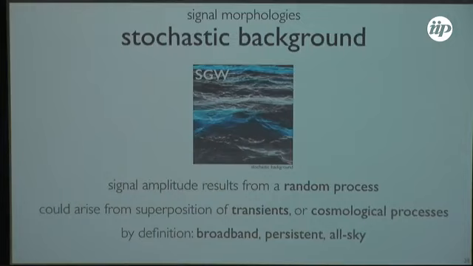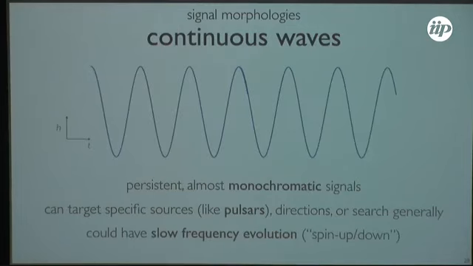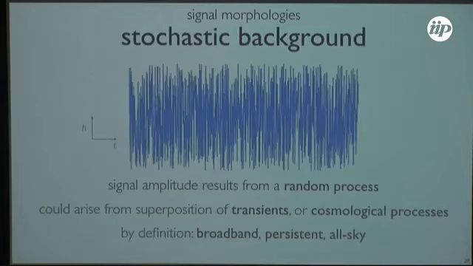Okay, so all these signals so far are deterministic. So we have this waveform, we have a template for what the strain as a function of time looks like. We can follow the phase as a function of time. Okay, we can trace what the signal is doing. But there's a kind of source that is intrinsically stochastic, we call it the stochastic background, okay?